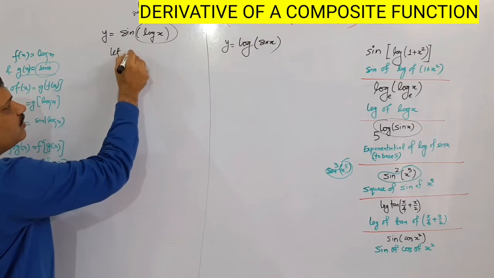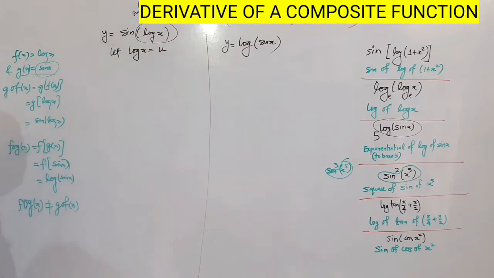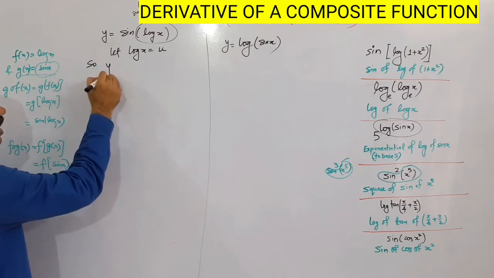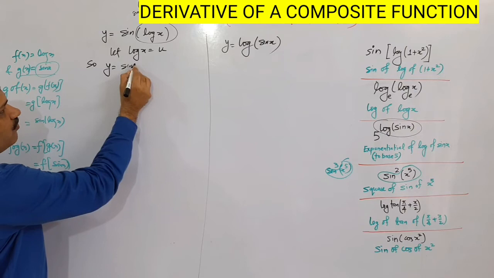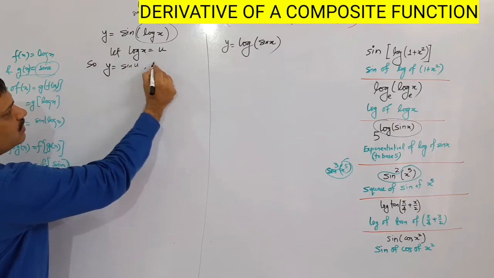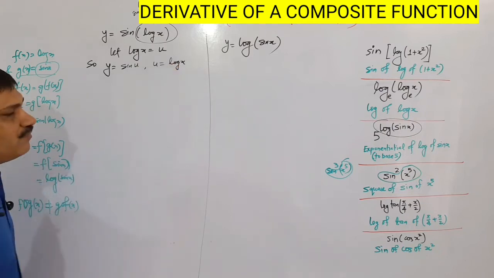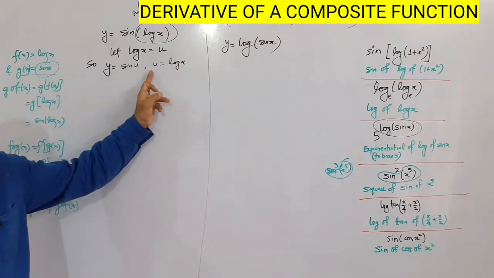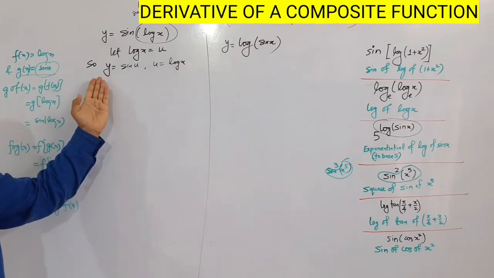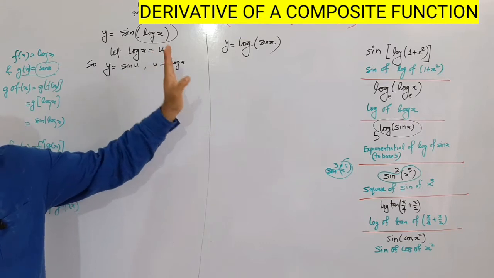This log x will be treated as u. So y will become sine of u, and u is equal to log x. From this you can see y depends on u and u depends on x. So y can be differentiated with respect to u and u can be differentiated with respect to x.